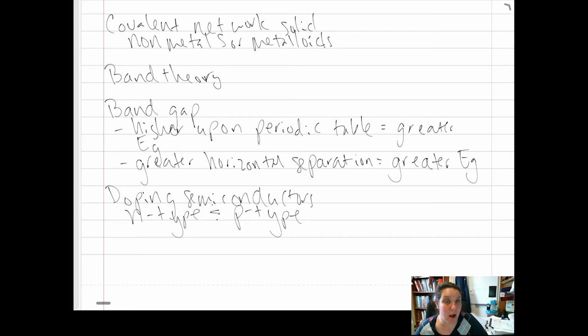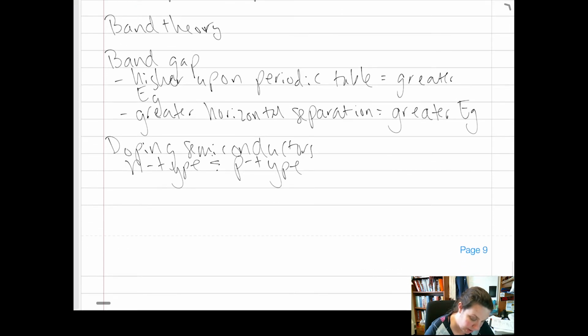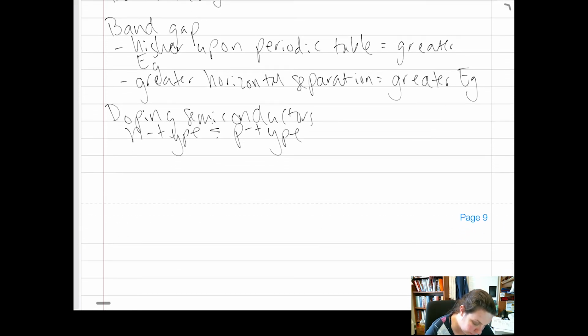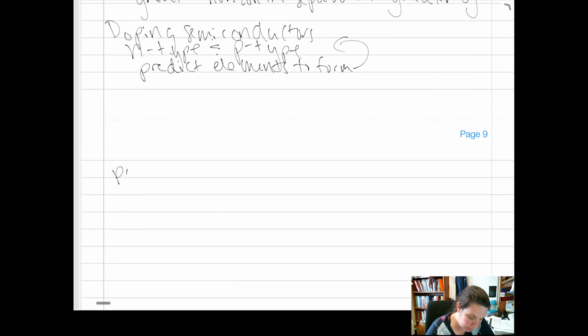You should know what a polymer is. With your N and P type, predict elements to form N and P type. Your polymers. With your polymers, you're looking at monomers and polymers.